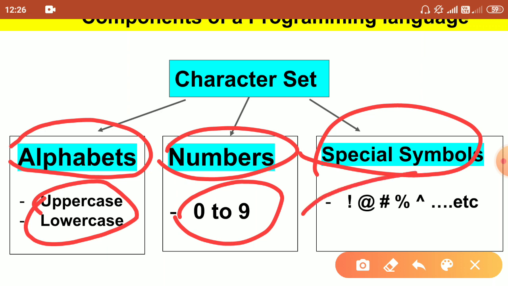And you have got special symbols. I've just mentioned a few here, but there is a lot more. So special symbols are also a part of the character set. You should remember this character set has got alphabets, numbers and special symbols. Using these characters you can form tokens.